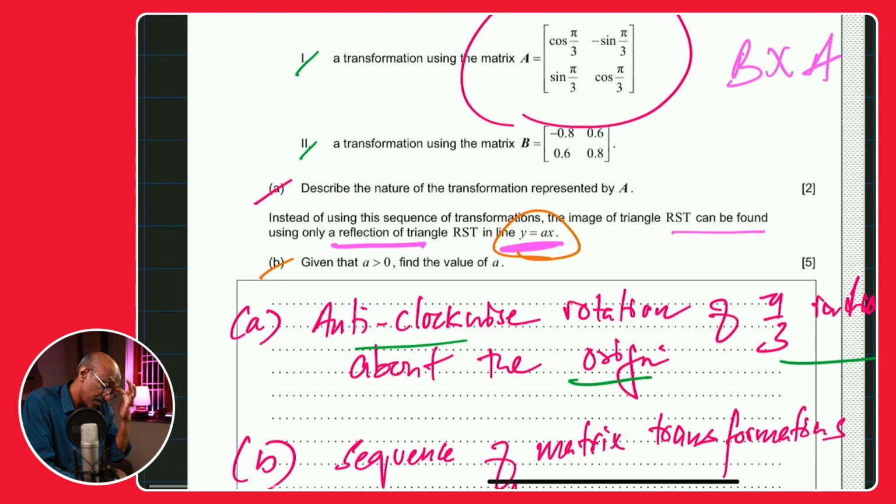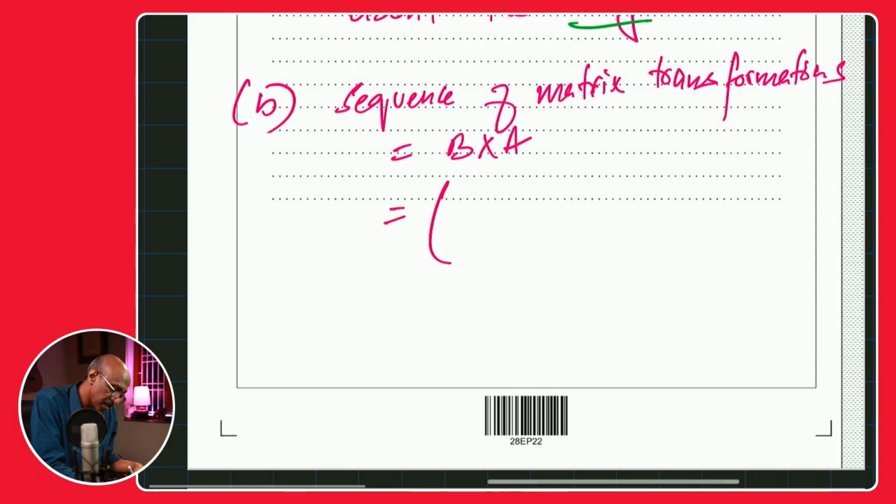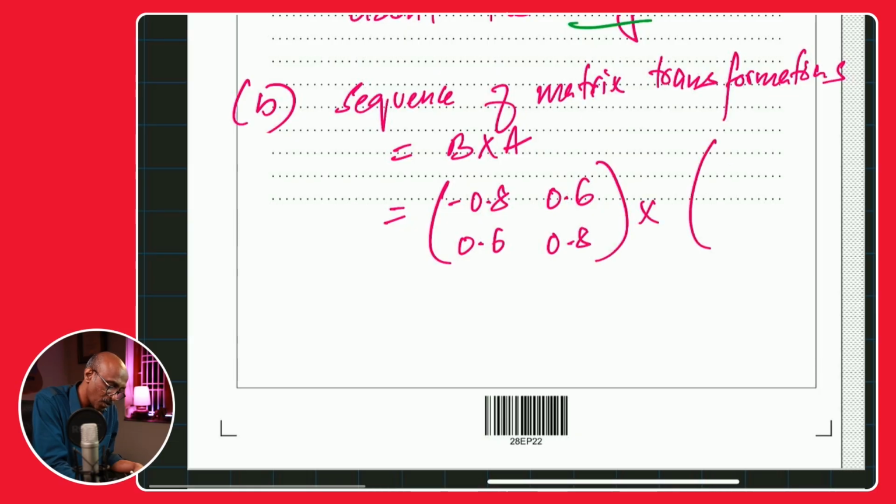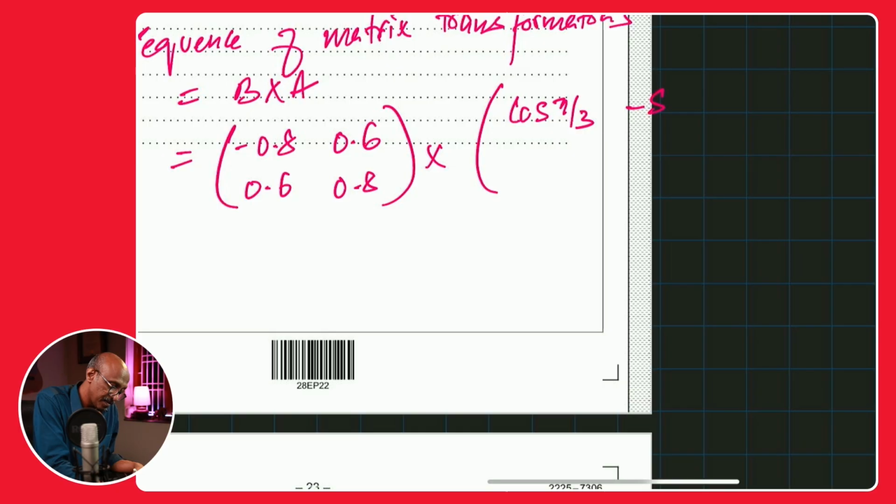B is negative 0.8, negative 0.8, 0.6, 0.6, 0.8. This matrix you're multiplying with cos of pi over 3. The sine is negative with that same angle. Here it is positive, and here cos is positive, okay?